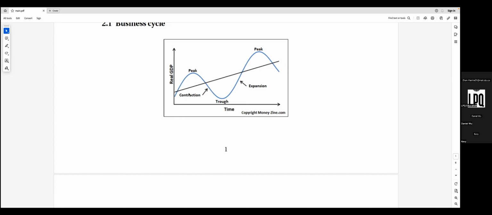We want to make these fluctuations not very extreme, to make them smaller. We cannot eliminate all the fluctuations, but we want to make them smaller. This is called smoothing out the business cycle.